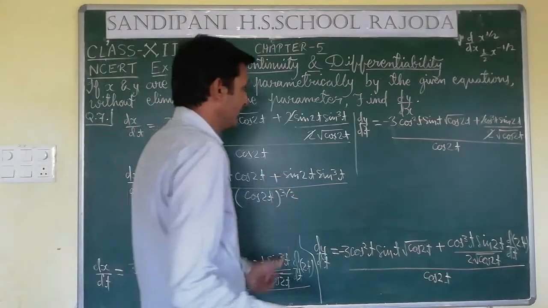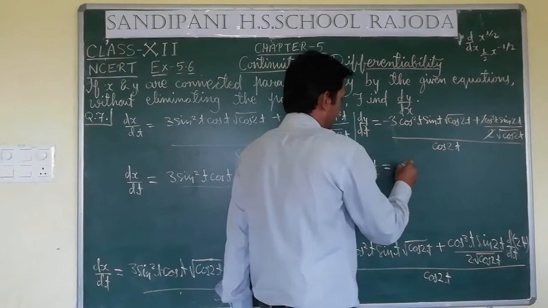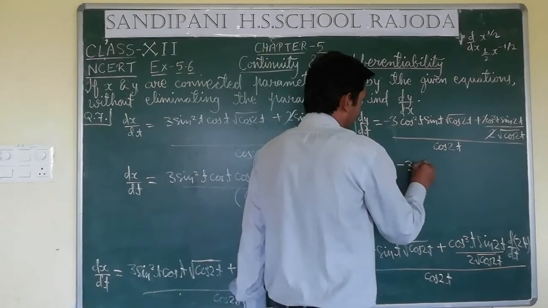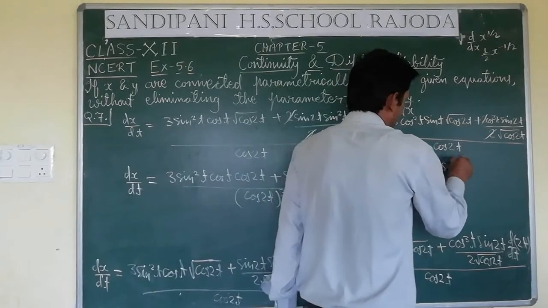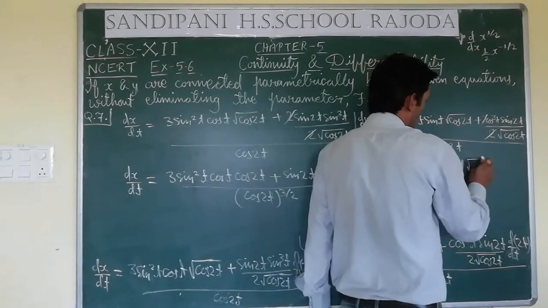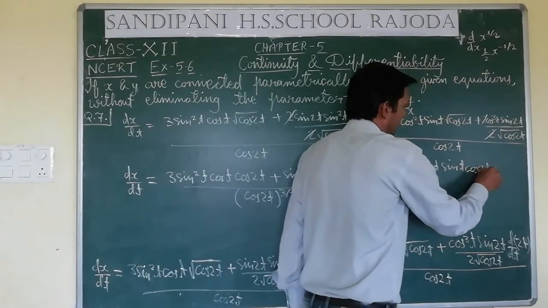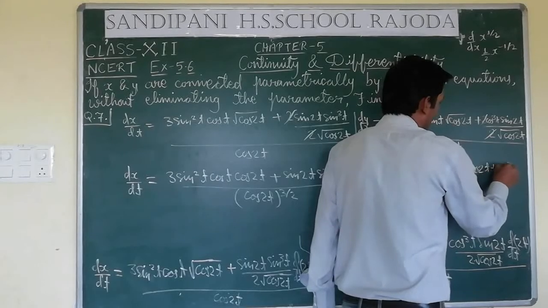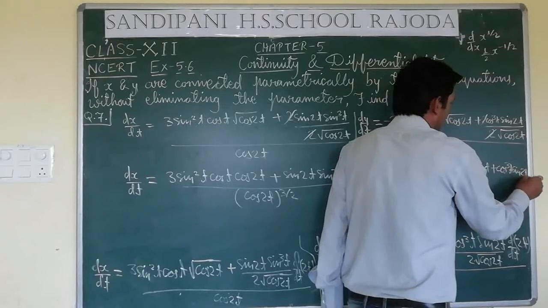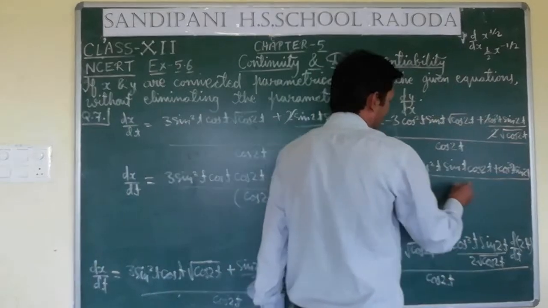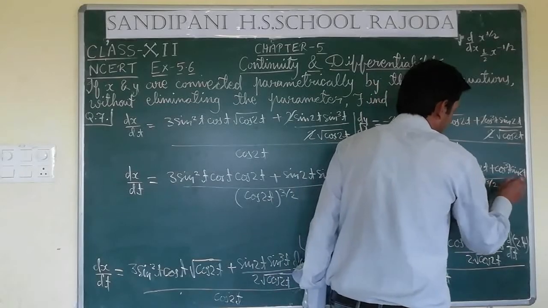Now here it will become dy by dt is equal to minus 3 cos square t sin t, root cos 2t will be taken as LCM, so this will become cos 2t, plus cos cube t sin 2t upon cos 2t raised to the power 3 by 2 here also.